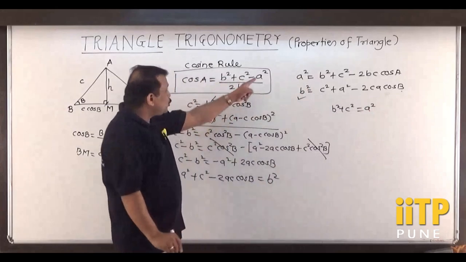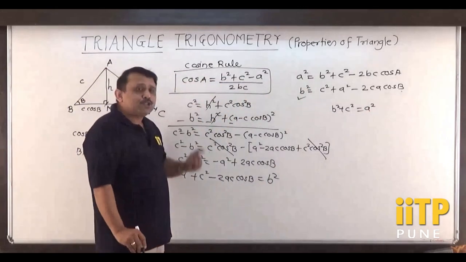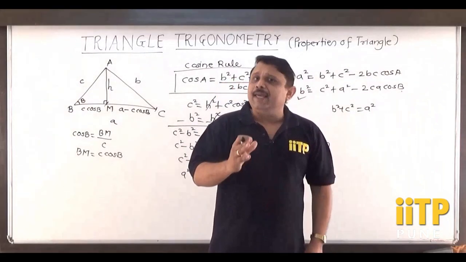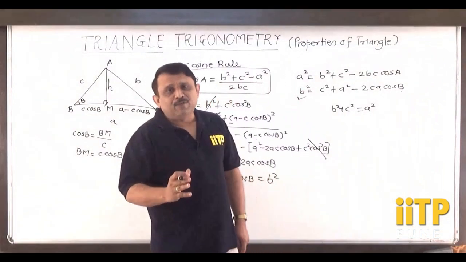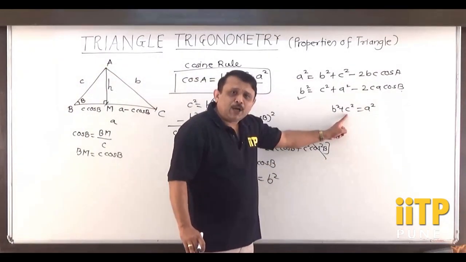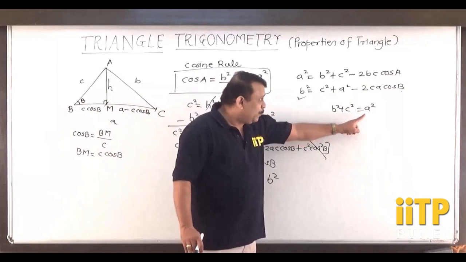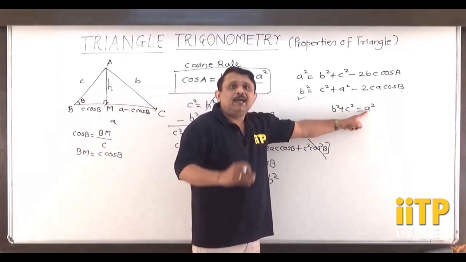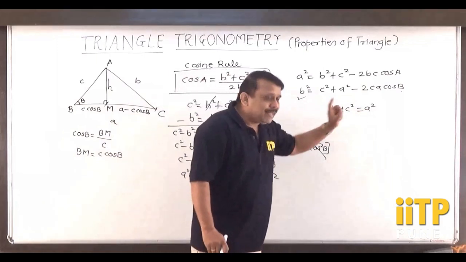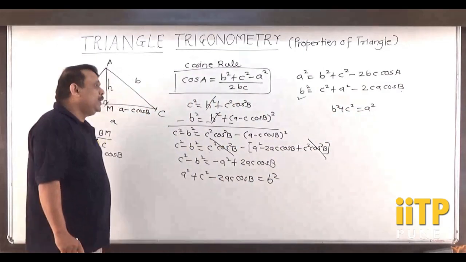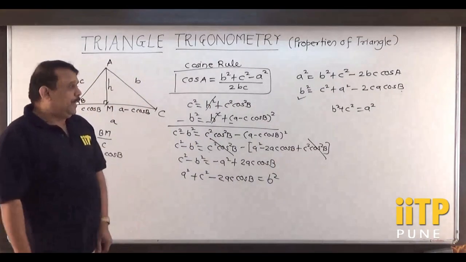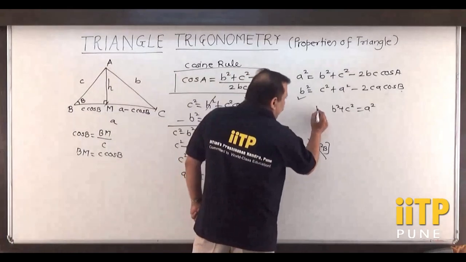Then this numerator becomes 0 and hence cos A becomes 0, which means A is a right angle. Therefore the triangle becomes a right angle triangle, and the Pythagoras theorem is satisfied, being a the hypotenuse, and the angle opposite to a, capital A, is 90 degrees. So Pythagoras theorem is satisfied whenever b square plus c square equals a square, using the cosine rule. This was the first remark.